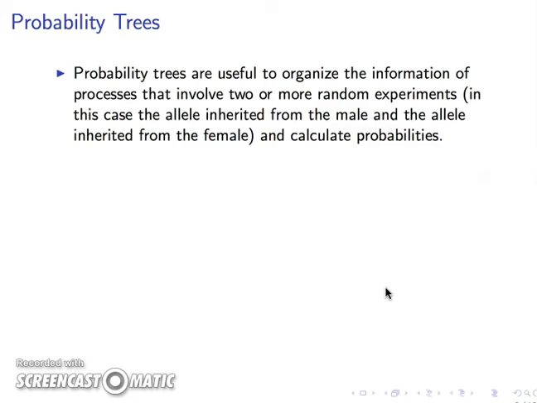These are trees because of the shape of the diagram. They can be used in processes that involve two or more random experiments, and we will illustrate these shortly.